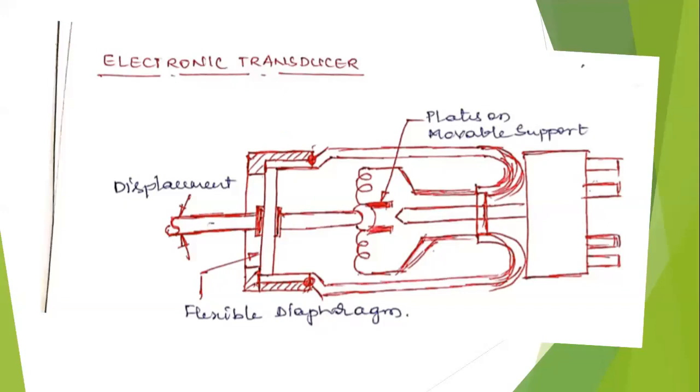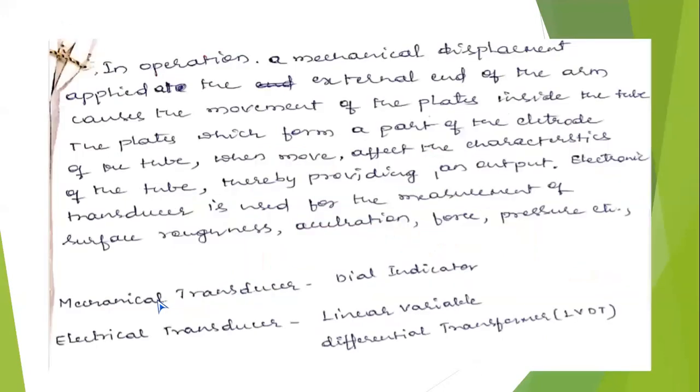Next, come to the point. In the examination, you have 3, and among the 3, one is a 100% guarantee from Module 4. That is the mechanical transducer, meaning the dial indicator.